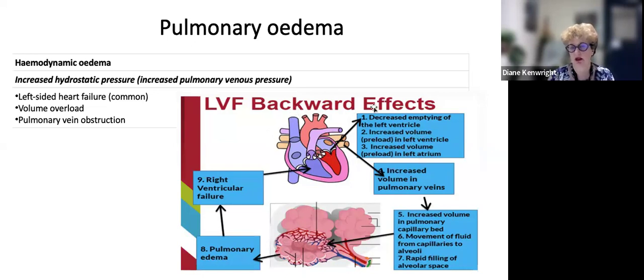So left heart failure, increased pressure in pulmonary veins, then you get transudate out into the alveolar spaces, leading to pulmonary edema, which raises the pressure and leads to right heart failure.